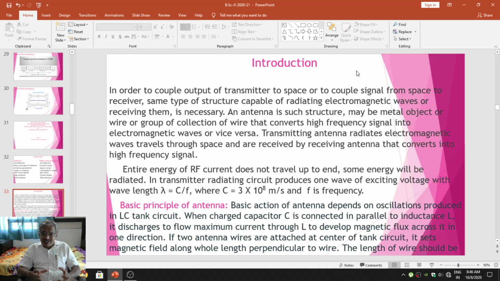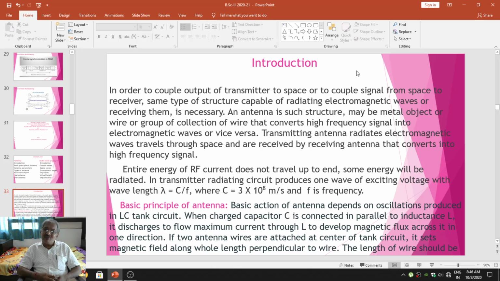These may act as an antenna. I hope you have understood. A group of wires, copper wire especially, or a conducting metal rod is going to act as an antenna.